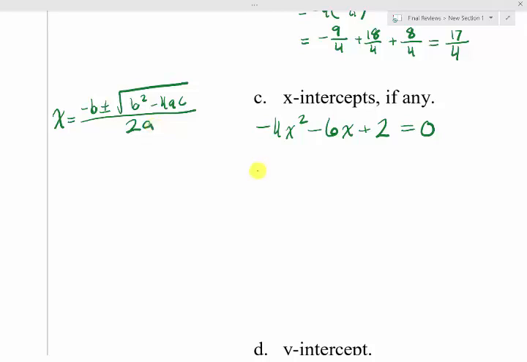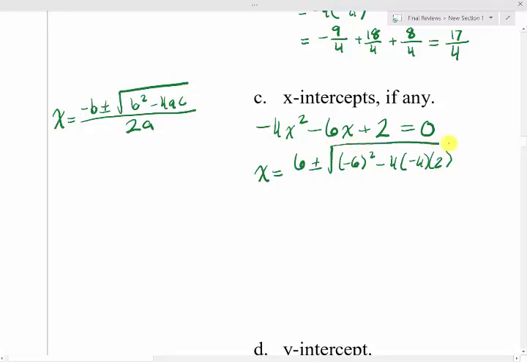All right, so that's going to be x equals 6 plus or minus the square root of negative 6 squared minus 4 times negative 4 times 2, all over 2 times negative 4.